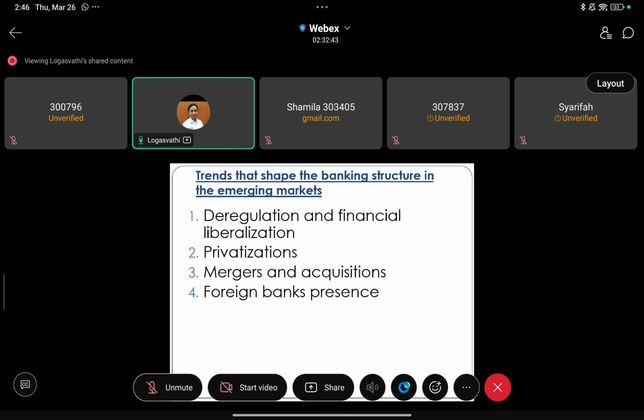Foreigners can also own shares in these commercial banks. So China has opened their market, and after they opened their market, their economy has boosted very well. Last time, foreign involvement was very limited in China.